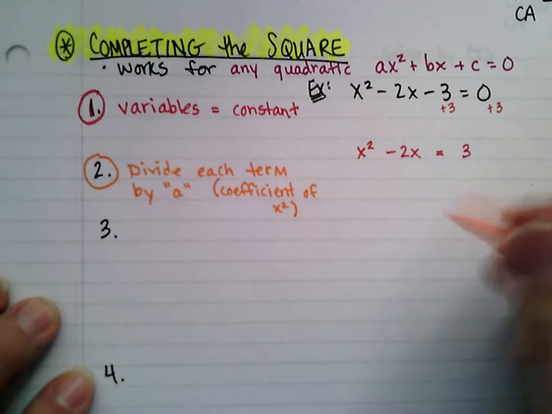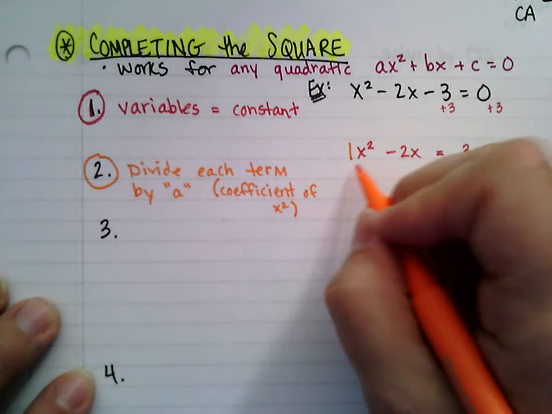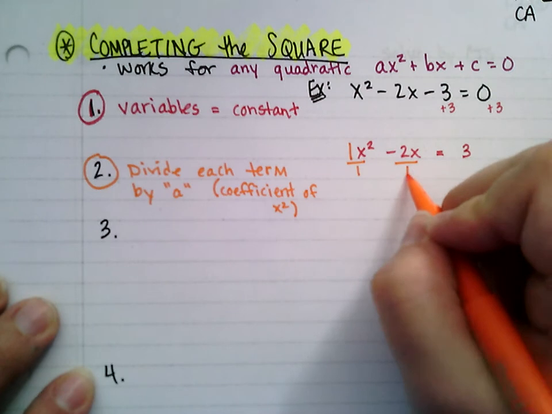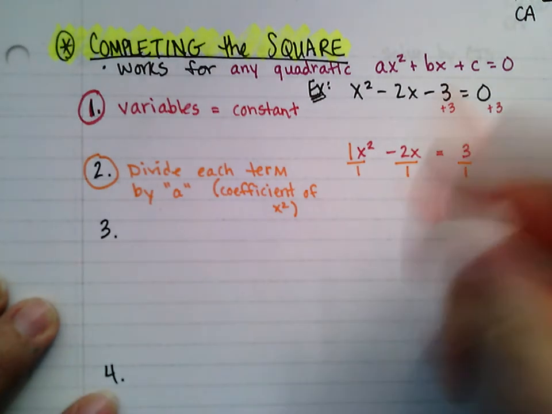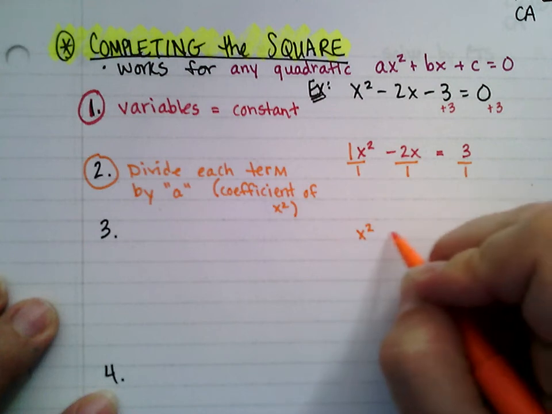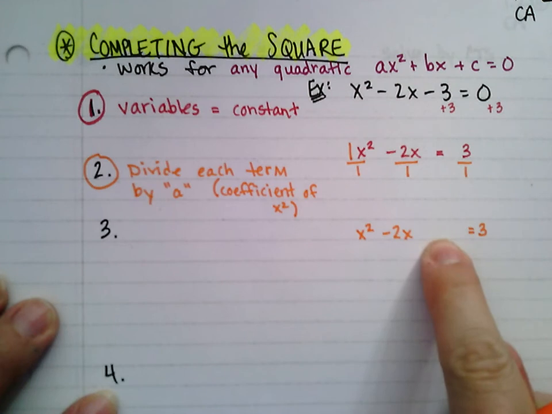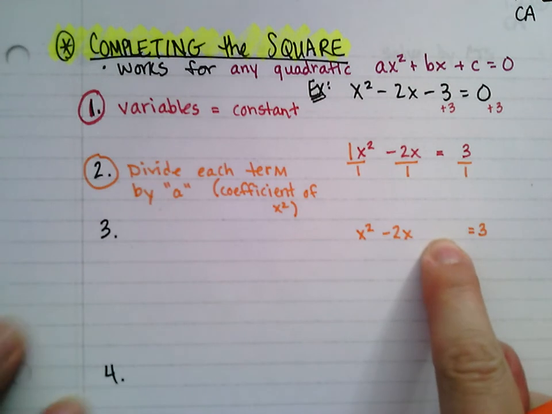Now, in the problem that we're dealing with here, the coefficient of x squared is 1. So really, dividing each term by 1 isn't going to do anything. We'll still have x squared minus 2x equals 3. I'm leaving a space there. You'll see why in a minute.